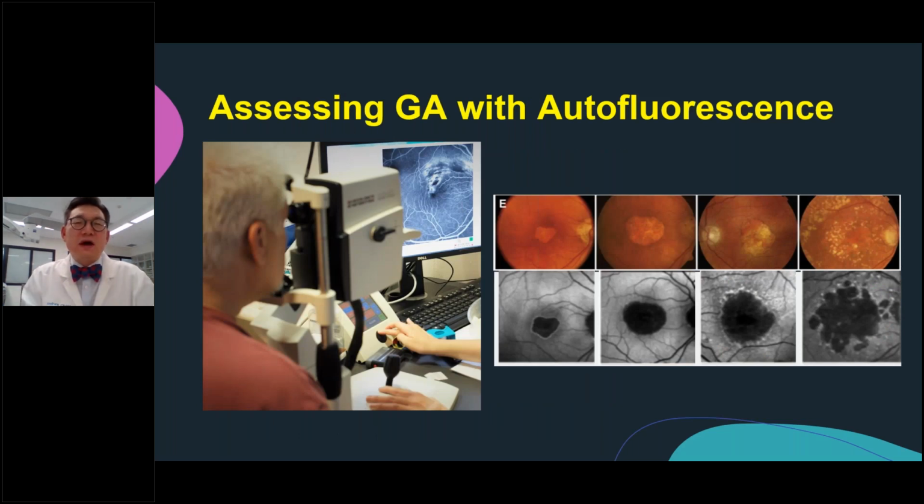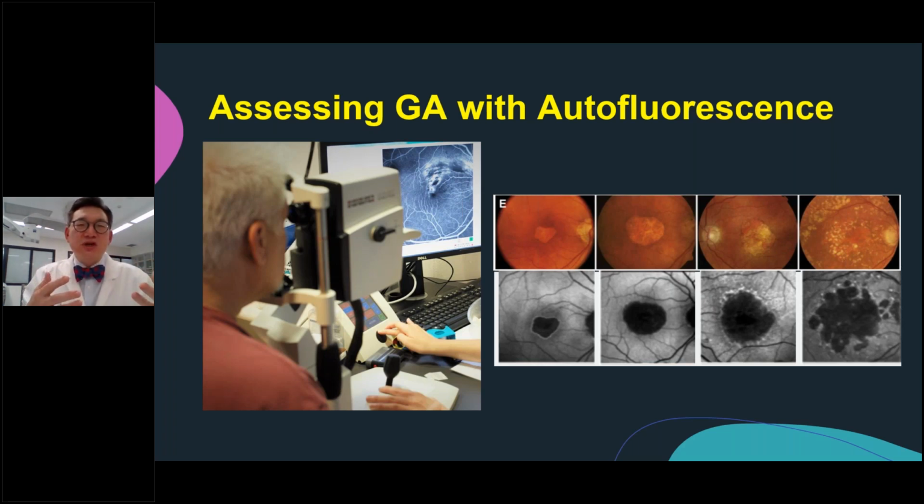How do we as eye doctors assess geographic atrophy? Many of you may know that when you see an optometrist or an ophthalmologist, we use a machine to look at the cross-section of the eye called an OCT machine.